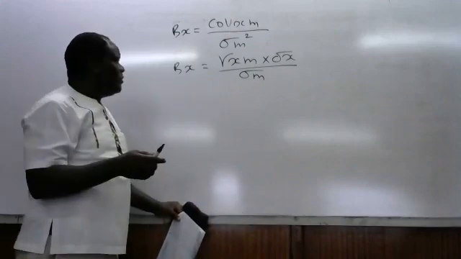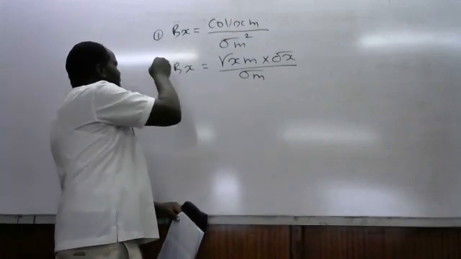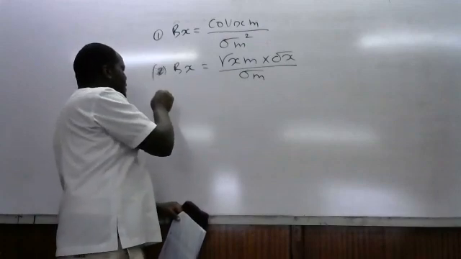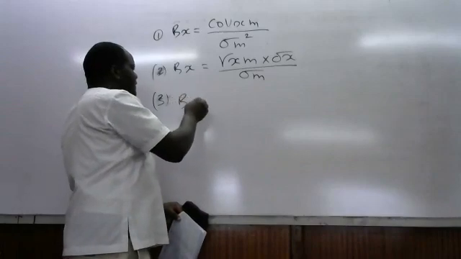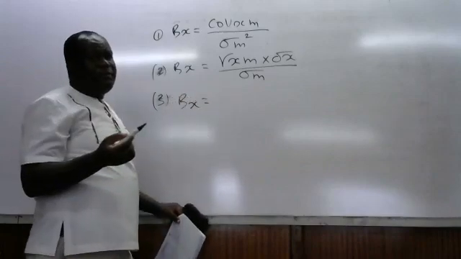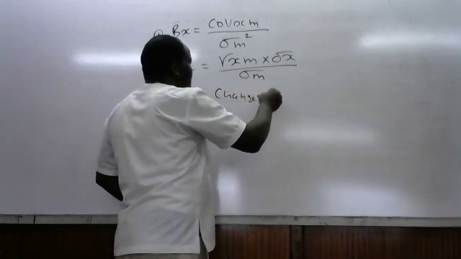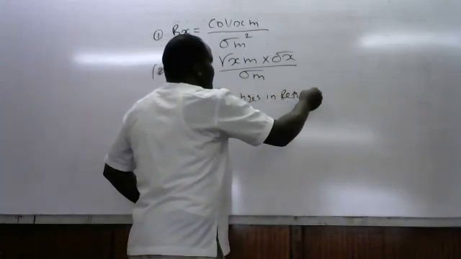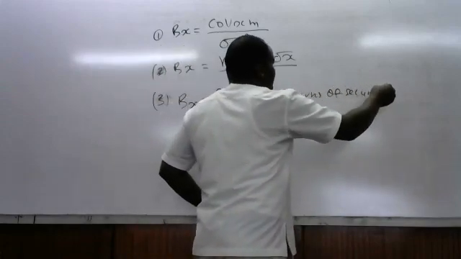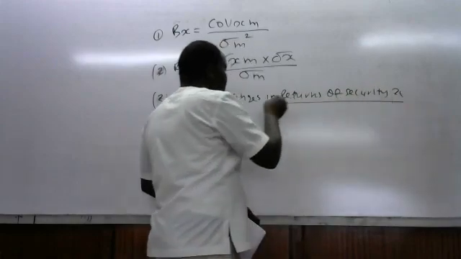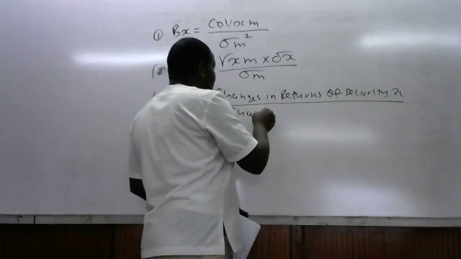So for this question, I will use the third formula. If I want to get the beta factor of, let's say, security X, it will simply be changes in returns of security X, divided by changes in returns of the market.